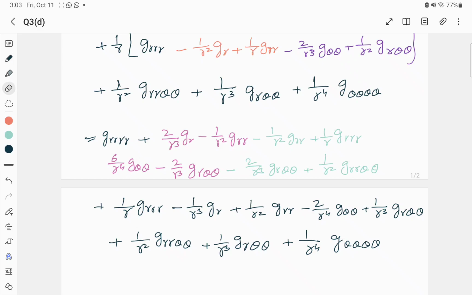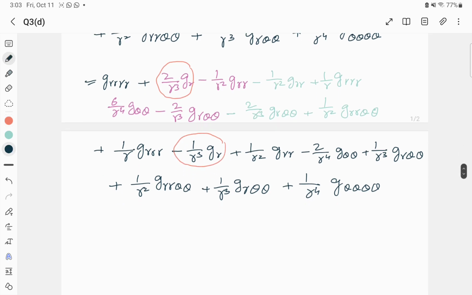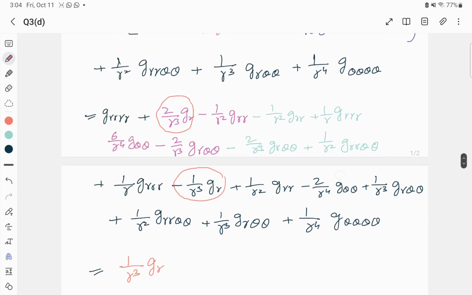Now we combine these terms, but for combining I start with the lower index of g with respect to r. So let's look at the terms which involve g r. Here is one term, 2 over r cubed g r, and then we have another g r over here. If I combine them, they will give me 2 minus 1, that will be 1, so it will be 1 over r cubed g r. After that, we look for the terms of g r r.